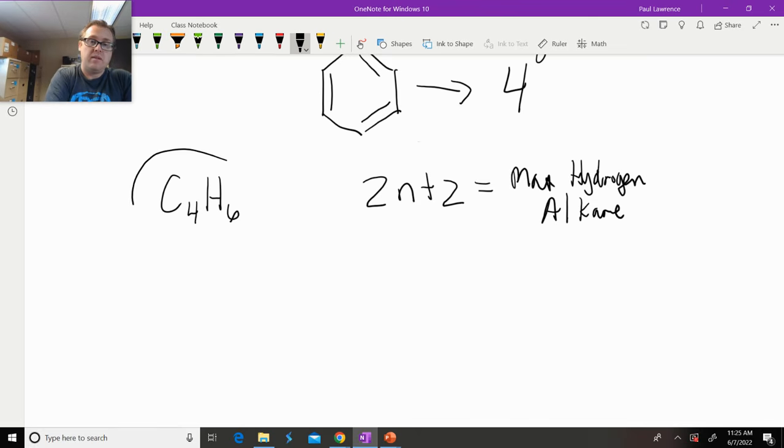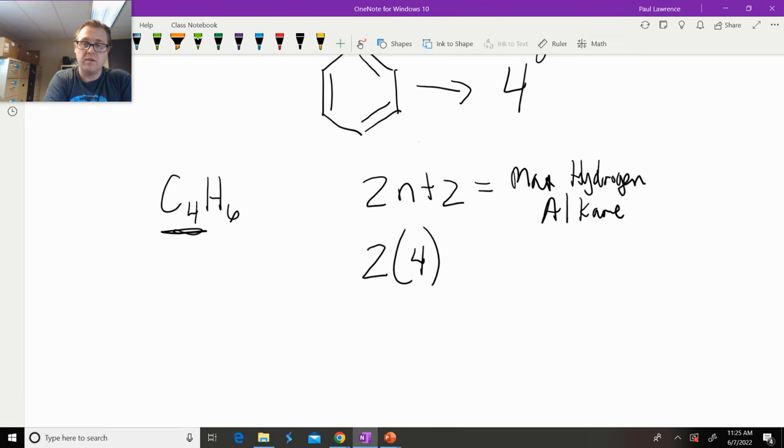So the maximum amount of hydrogens that this molecule could have is going to be 2 times 4, because we have 4 carbons, so the 4 goes there, plus 2. So what does that equal? There's going to be 10.